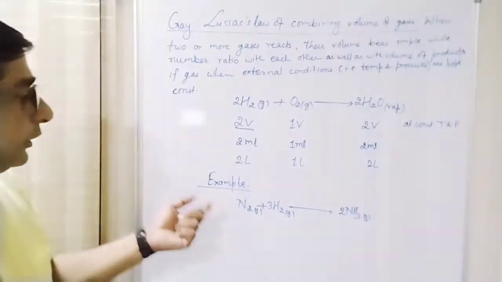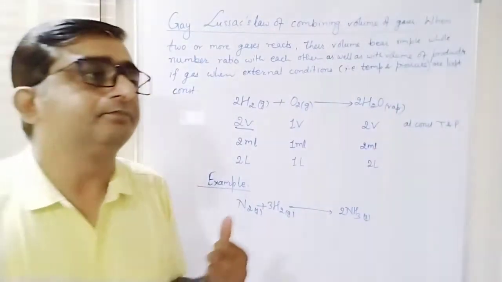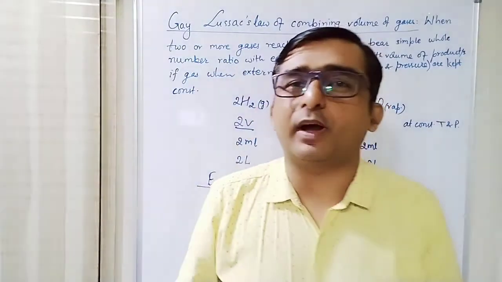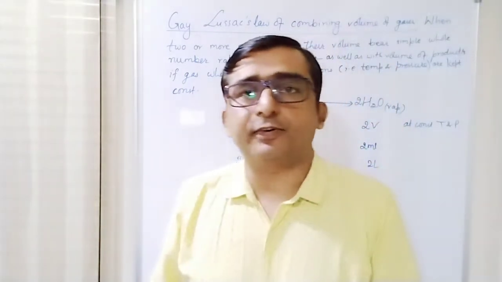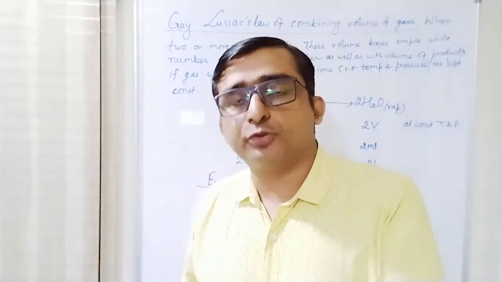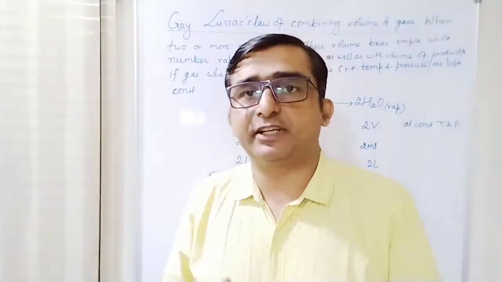Now, you will be given that nitrogen's volume is, suppose, x ml. Instead of taking x, y, z, I am taking a particular volume of nitrogen. Then I will try to find out what volume of hydrogen will be needed for the reaction and what volume of ammonia will be produced.